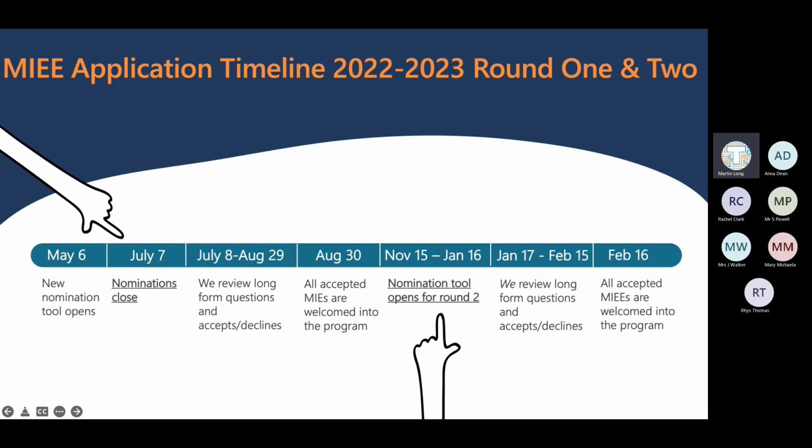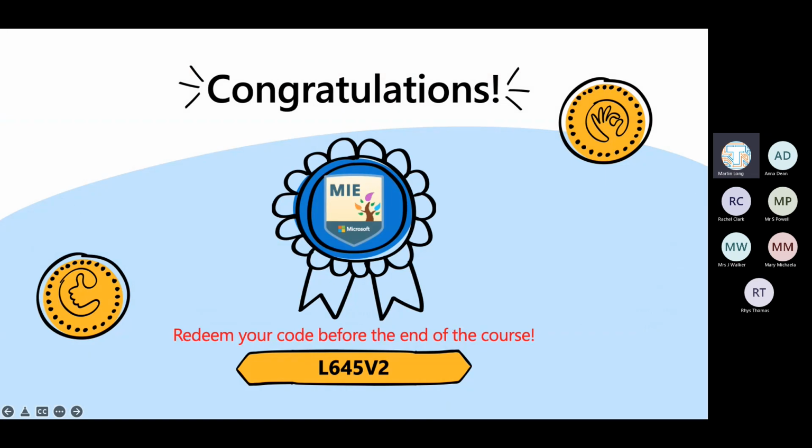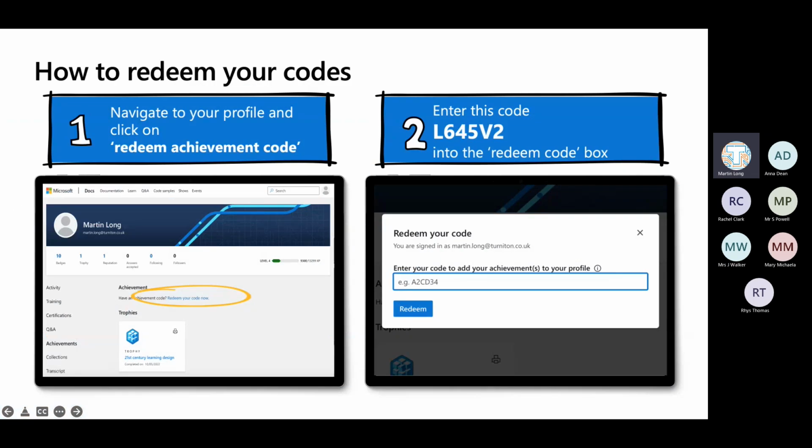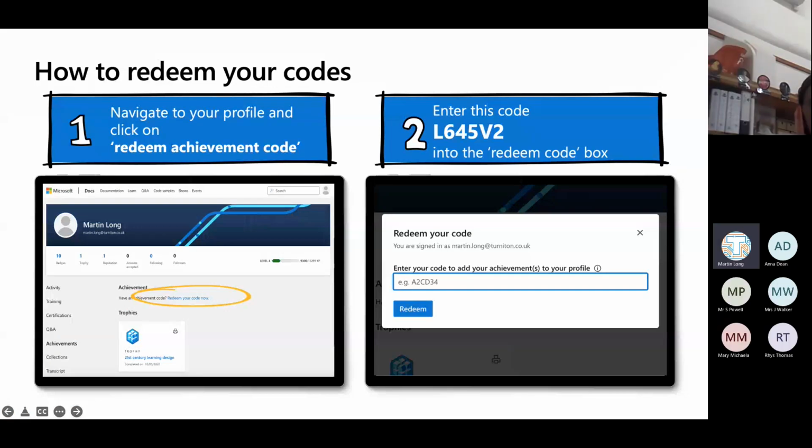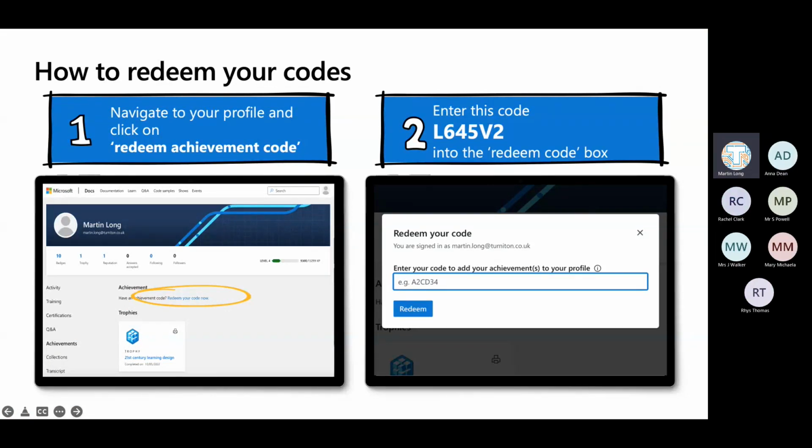Now, I said also I would give you a code to redeem in Learn. The code to redeem in Learn is on screen now. To redeem codes in Learn, it's slightly different to how you did it in MEC. You need to be logged in as you did with MEC, but once you're logged in, as you can see from my example there, you need to click on your profile in the top right hand corner, and once you've clicked on your profile, you'll get to your individual profile.